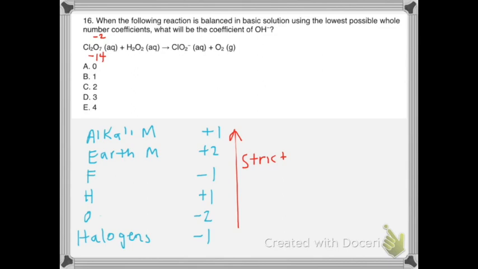And we know that the overall sum of the oxidation numbers needs to equal the overall charge. So the chlorine needs to contribute +14, making each individual chlorine +7.